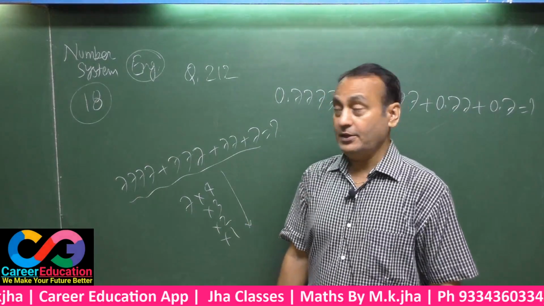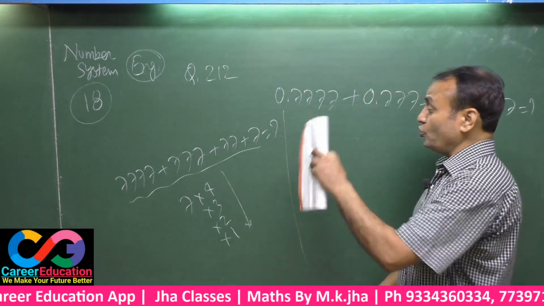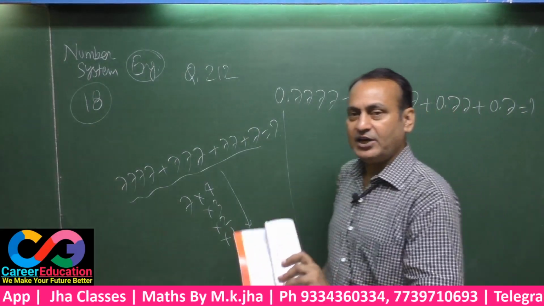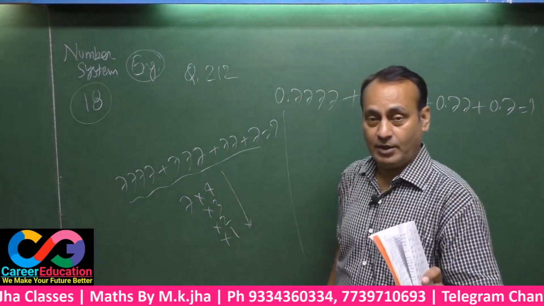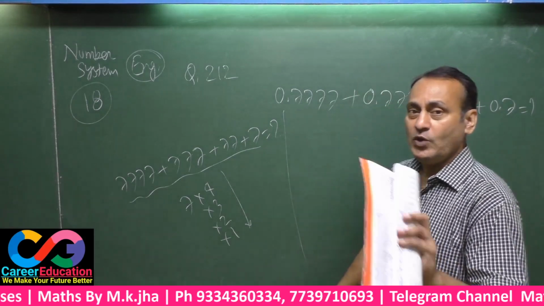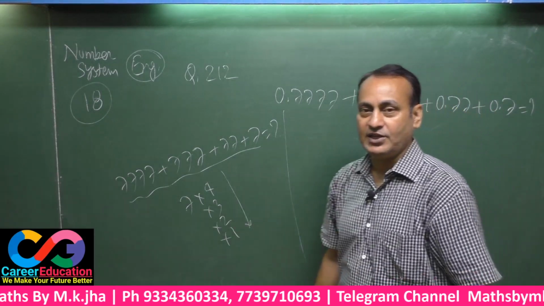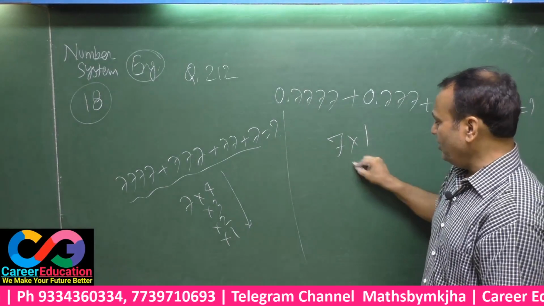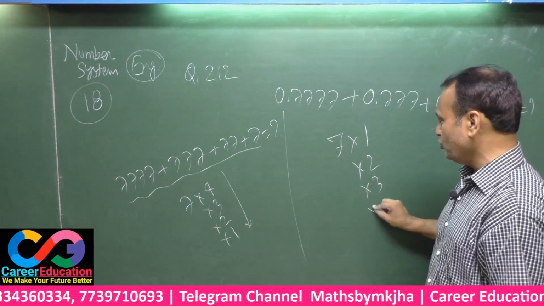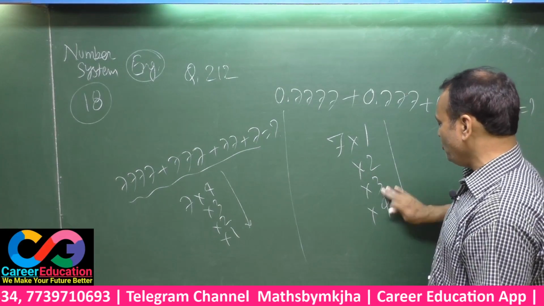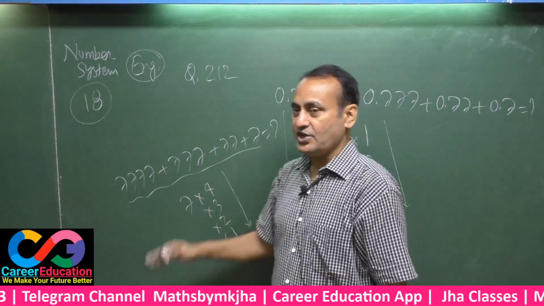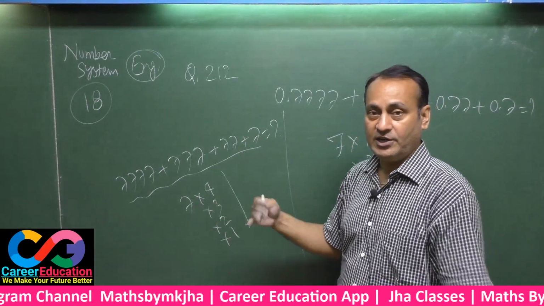But here your question is in the decimal system. If the same pattern is maintained but the question is in decimal, you have to reverse the order of multiplication. That means 7 into 1, into 2, into 3, into 4, in increasing order, the reverse of the decreasing order.